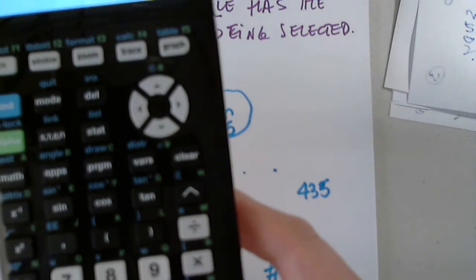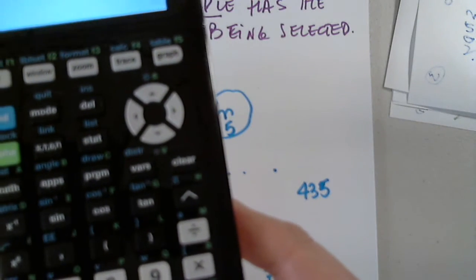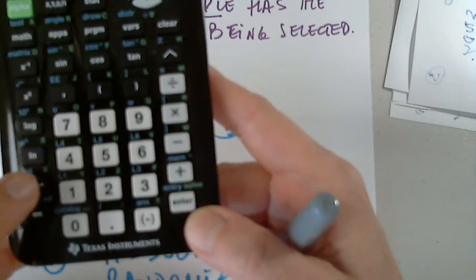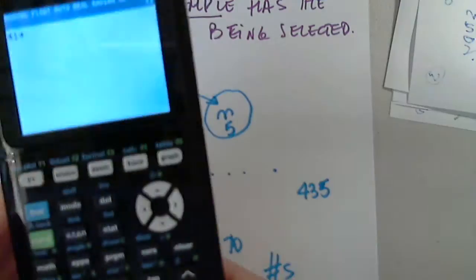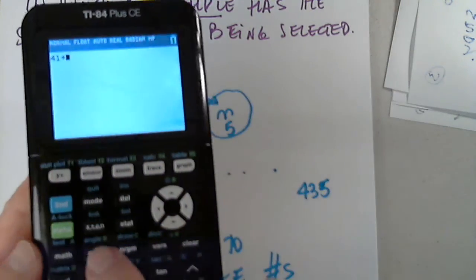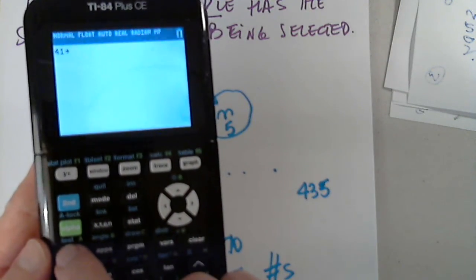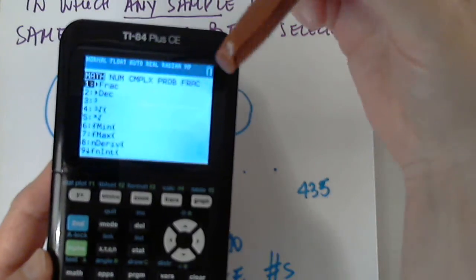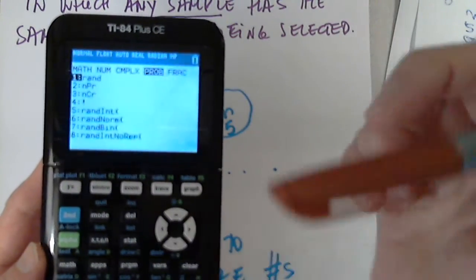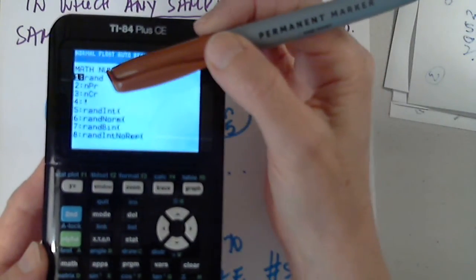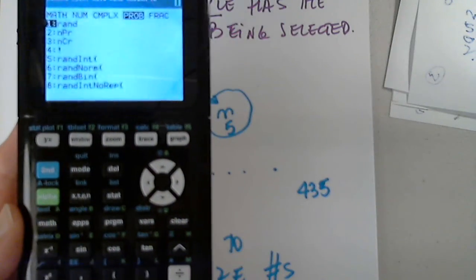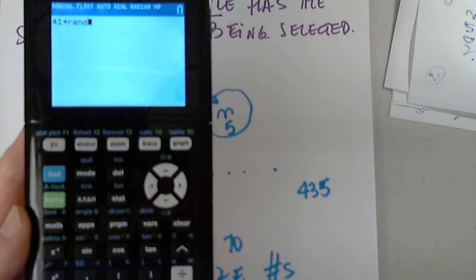We're going to use this key, STO, second from the bottom. It's going to store. Click on MATH now, go to PRB, probabilities. You can go this way or this way, so I'm going to go backwards. Click on select number 1, which already is selected, so press enter, and enter again.